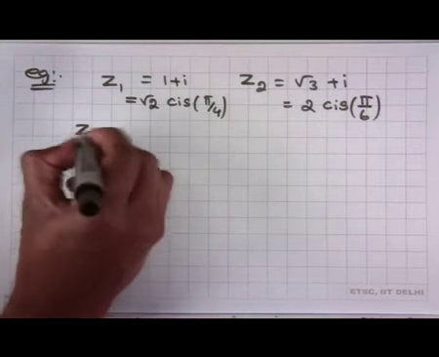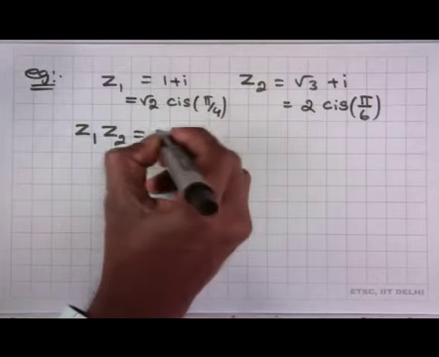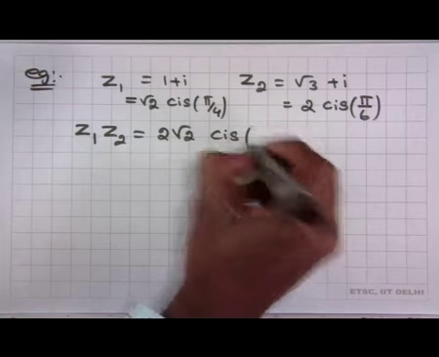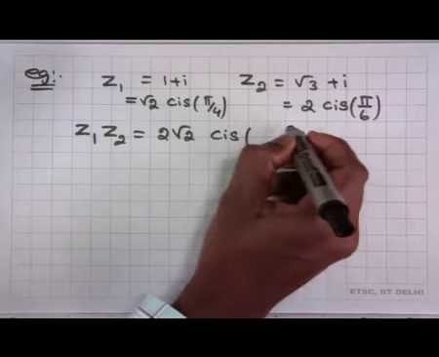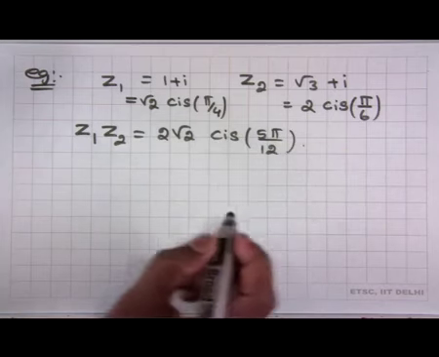Then their product becomes just scaling the modulus, cis of the sum of these angles, which is 5 pi by 12.